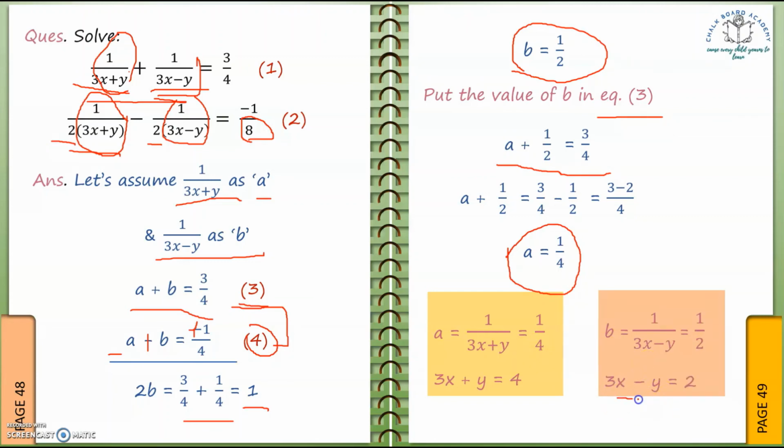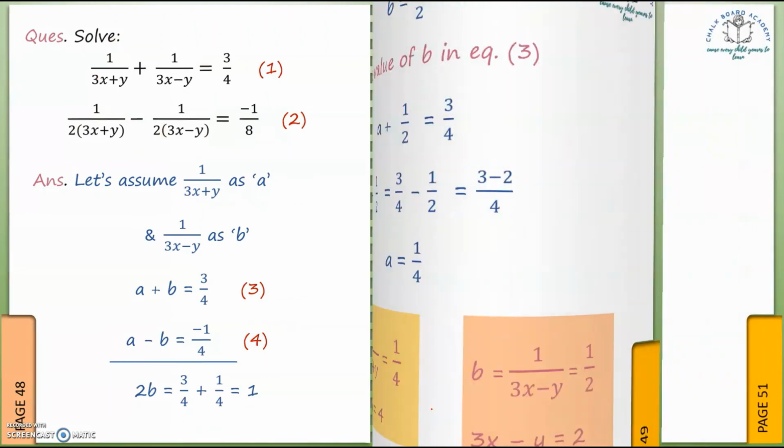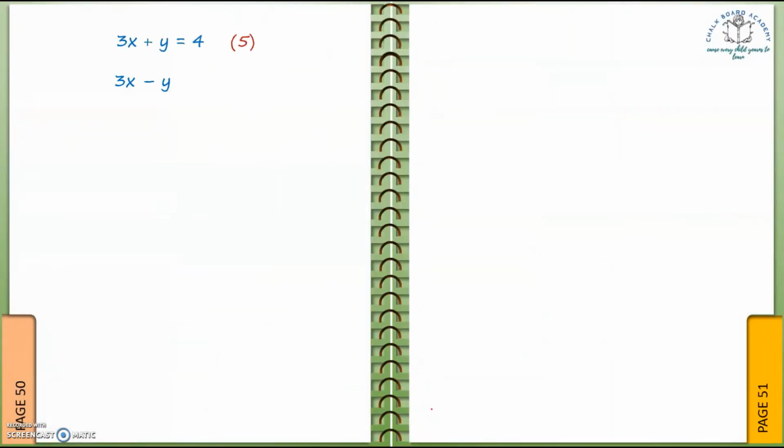And we get 3x - y = 2, and here 3x + y = 4. Now we have these two equations, and again we can use the elimination method to solve them further. We have named them equation 5 and equation 6 because in further steps we will need these equations.